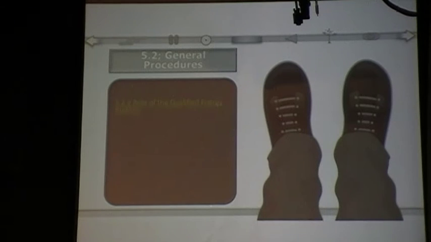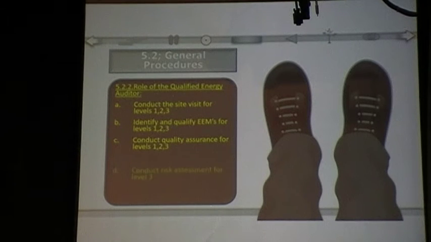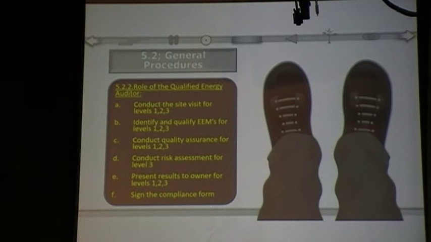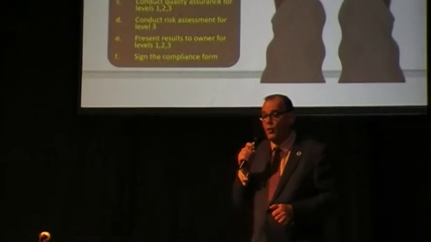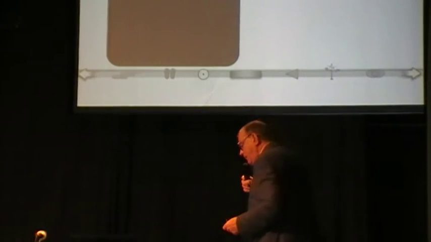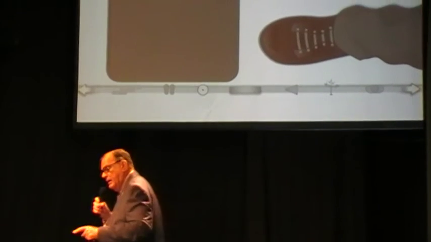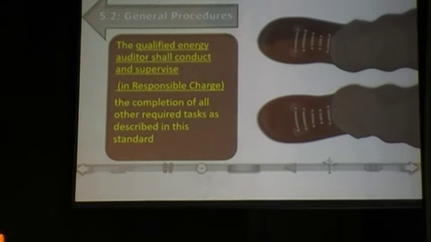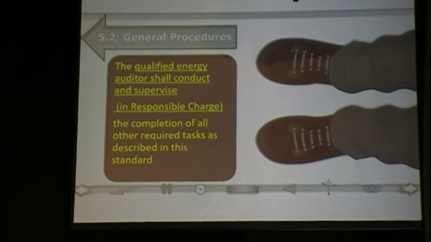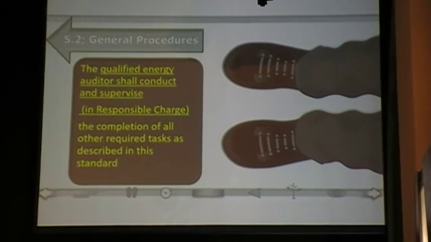General procedures just talks about the role of that qualified auditor. Obviously, they want the auditor to conduct the work. They need to make sure that somebody that knows what they're doing is going out to the job and actually performing the work. As well, in Section 5.2, it says the qualified energy auditor shall conduct and supervise.